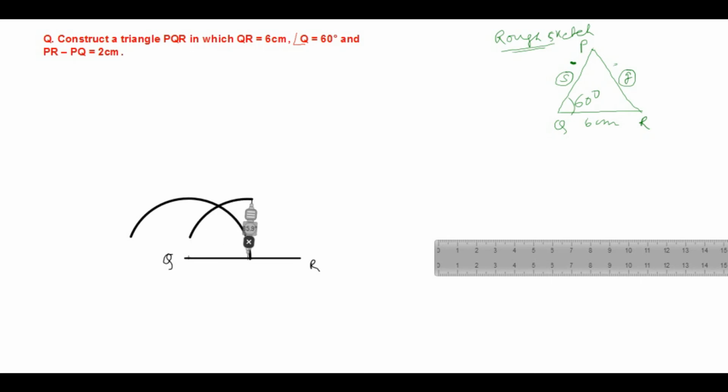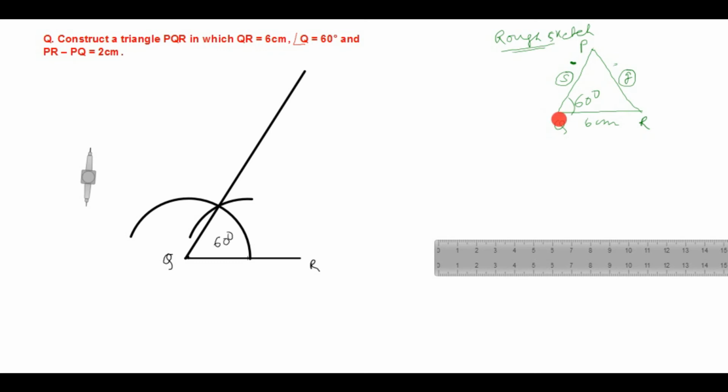Both are intersecting at this point. Now using a ruler draw a line joining Q to the point of intersection. You will get angle 60 degree. So now we have done the angle here, 60 degree.